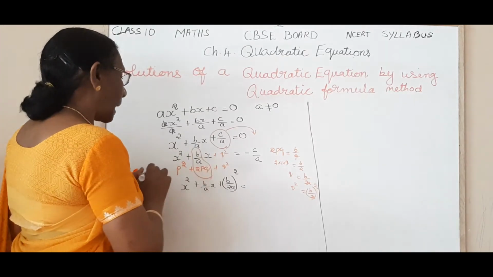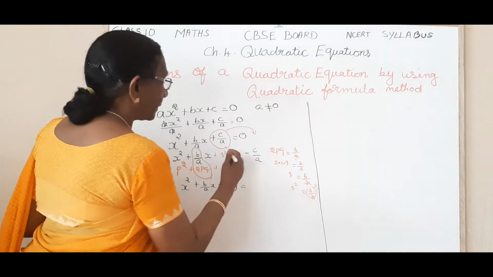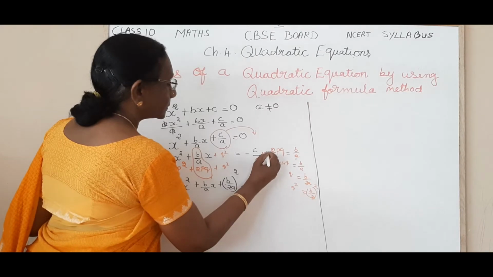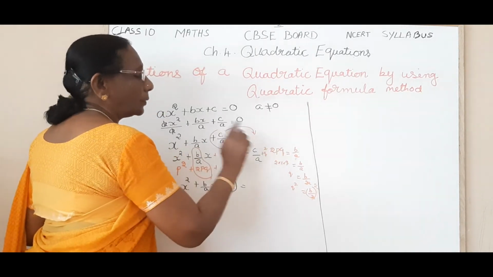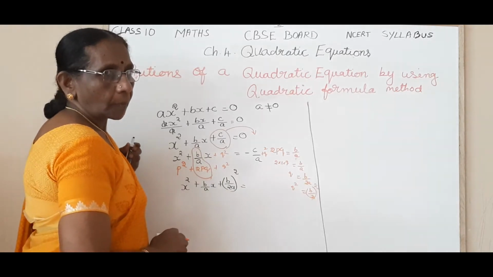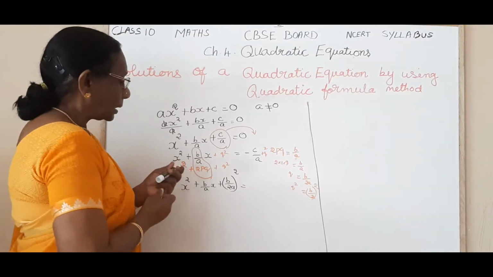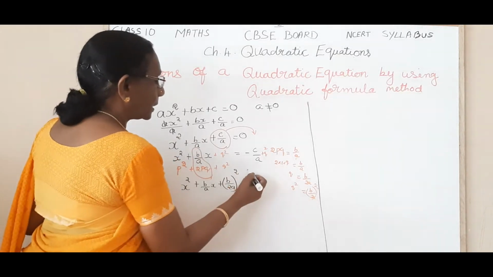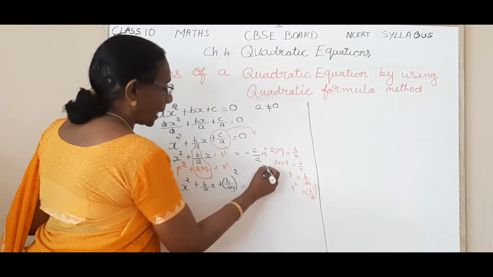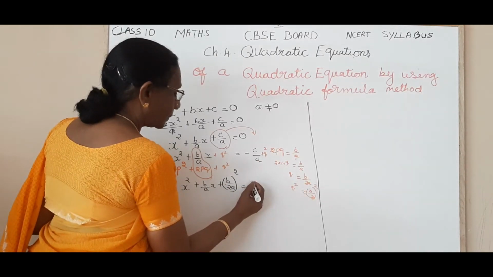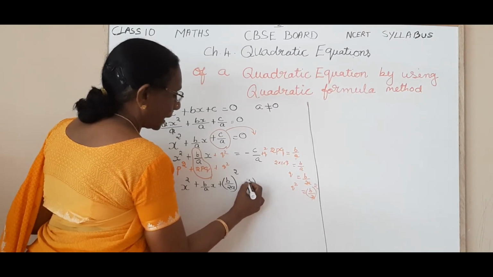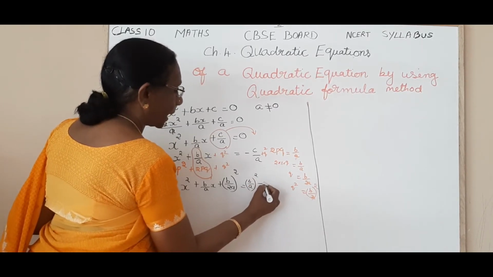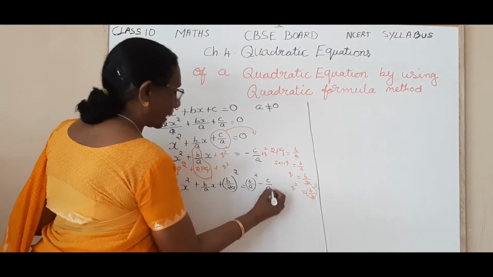See, here we have added, so here also we have to add. Isn't it? Both sides you have to add. Then only the value will not change. Isn't it, children? So, what will be this? Q squared. Q squared is what? b by 2a the whole squared minus c by a.